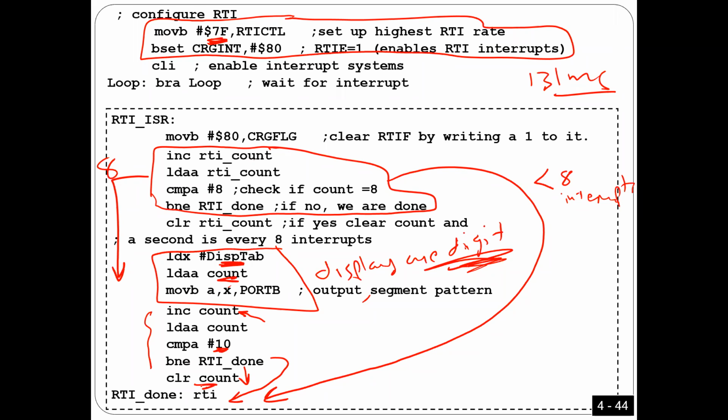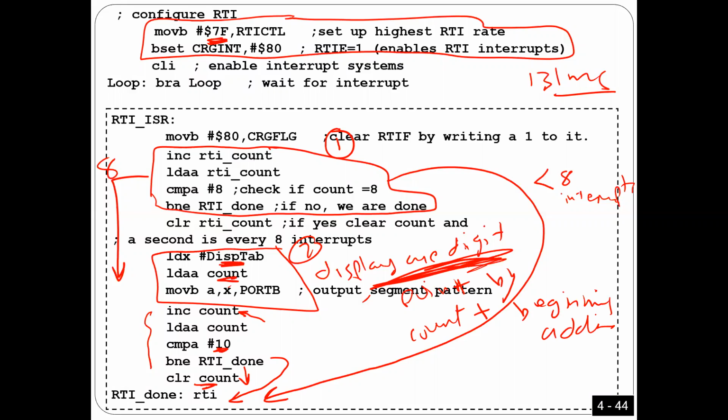This program has to do 3 things. This program has three blocks. This is block number 1. In block number 1, you will check if RTI is 8 interrupts or not. If it is not, I'm going to leave. If it is 8 interrupts, I'm going to come to here. This is part number 1. Part number 2, I have to display a digit, one digit, pointed by beginning address plus count.